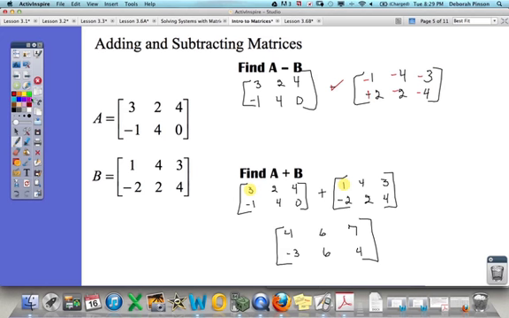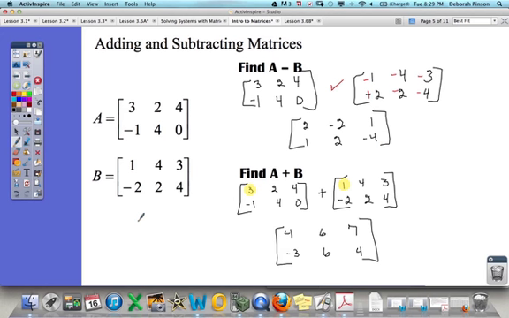And then same thing you did before. Add like elements. Combine the like elements. So 3 and negative 1 is 2. Negative 2, 1, 1, 2, negative 4. Okay.